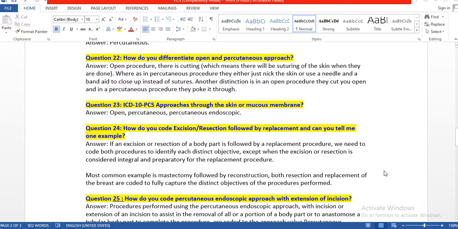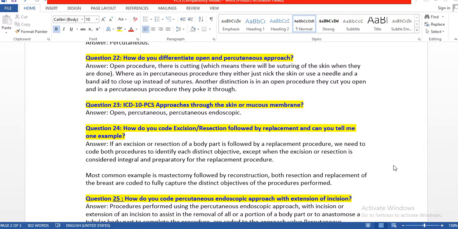Answer. In an open procedure, there is cutting, which means there will be suturing of the skin when they are done. Whereas in a percutaneous procedure, they either just nick the skin or use a needle, and use a band-aid to close up instead of sutures. So another distinction is in an open procedure, they cut you open, and in a percutaneous procedure, they poke it through.